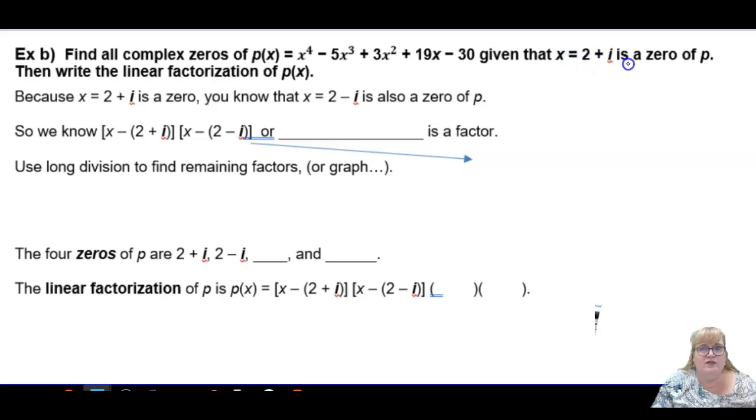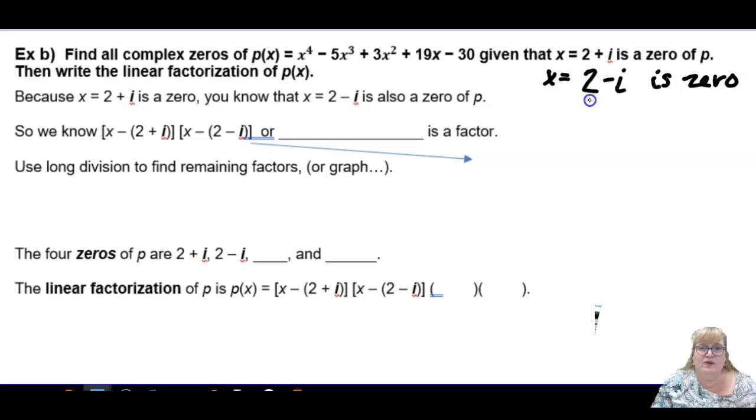All right, if x equals 2 plus i is a 0, then x equals 2 minus i is a 0. Okay, a plus 1i, a minus 1i. So 2 plus 1i, 2 minus 1i are the two conjugates.